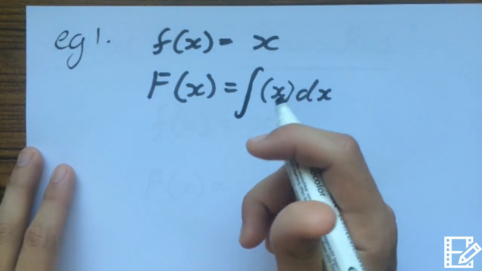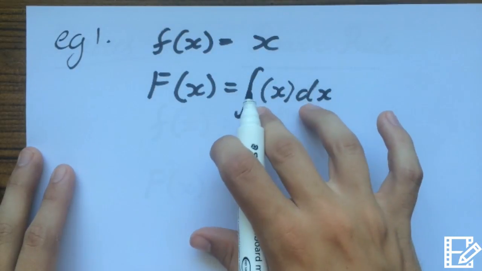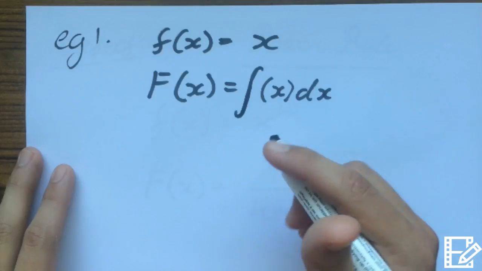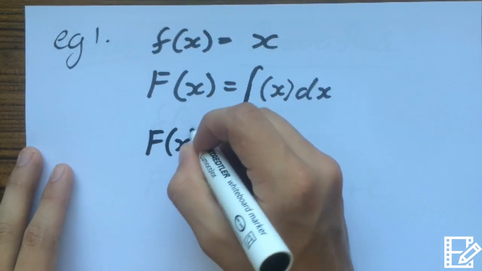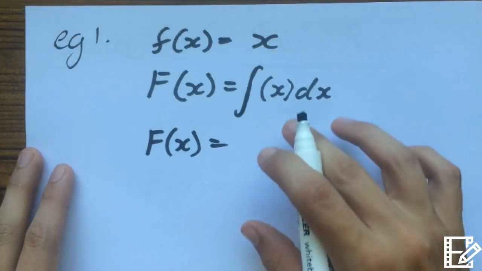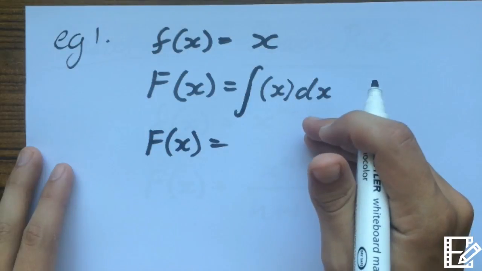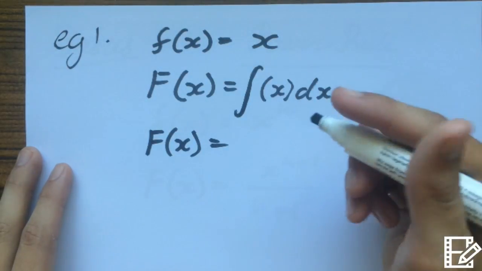Now we will essentially use the power rule to find out what the integral is. The power rule says we need to add 1 to the power and divide by the new power, and then add c.